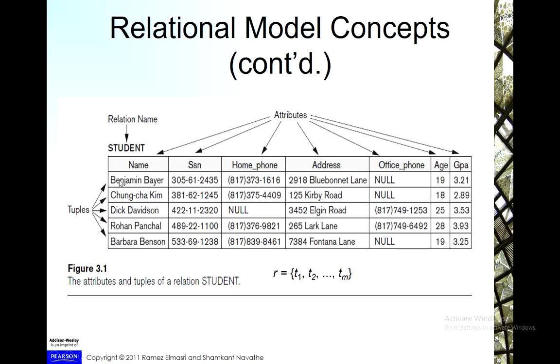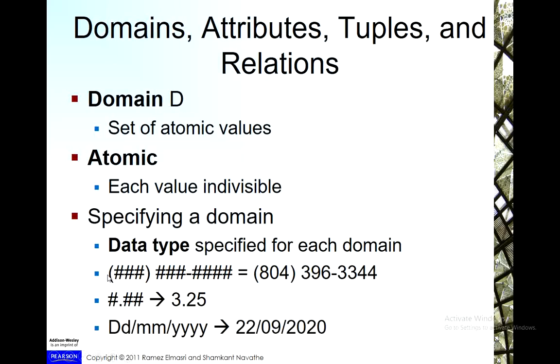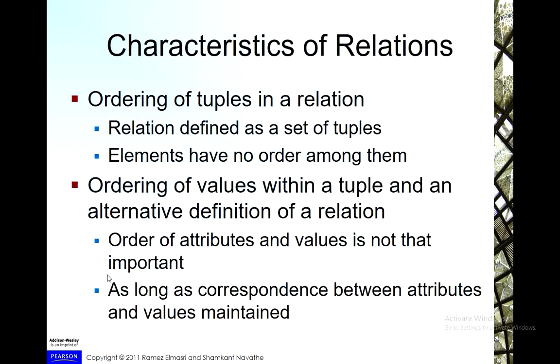So this record, Benjamin Bayer, with his social security number and phone and address and age and GPA, will be shifted down or up. So the order is not a big deal for these tuples. Ordering of tuples in a relation has no importance as such.